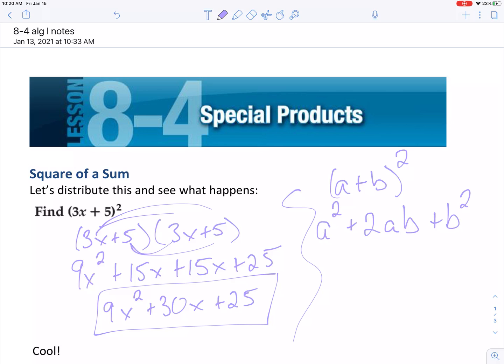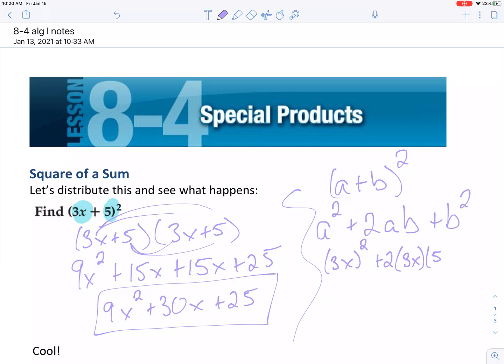So what does that more specifically look like? Okay, a in this case is going to be 3x. So write that in, 3x, and you're going to square that, plus 2, and again we figured out a is 3x. Then b is going to be 5.